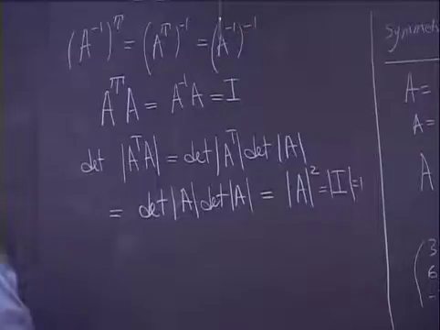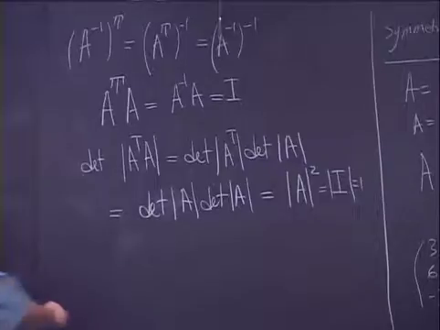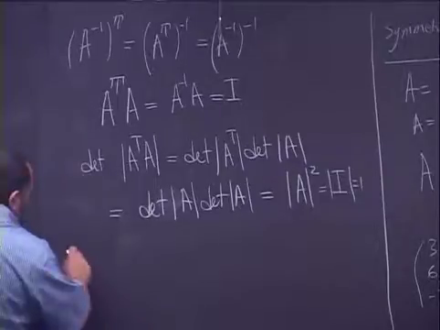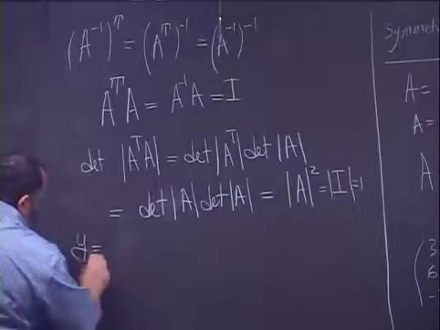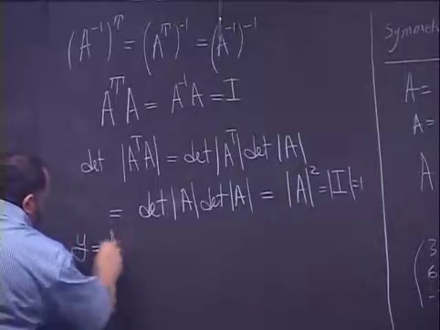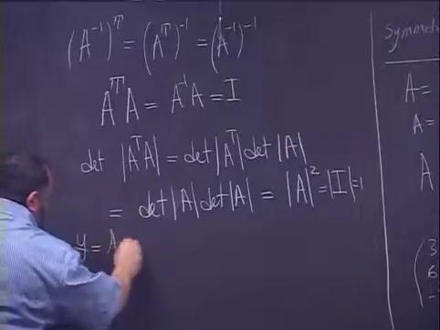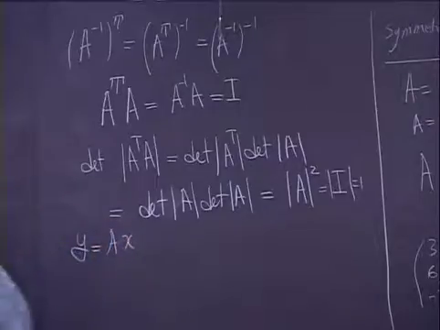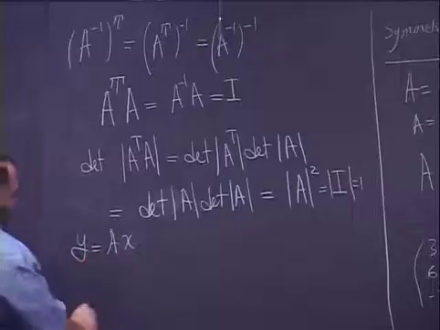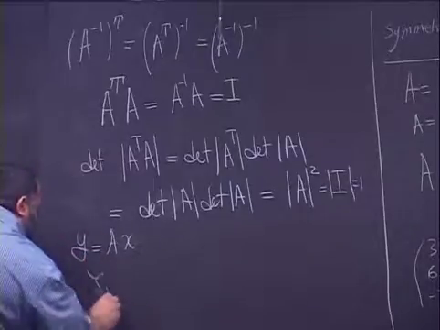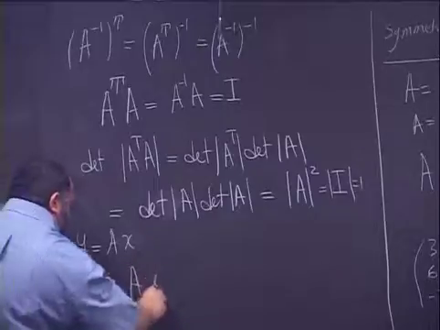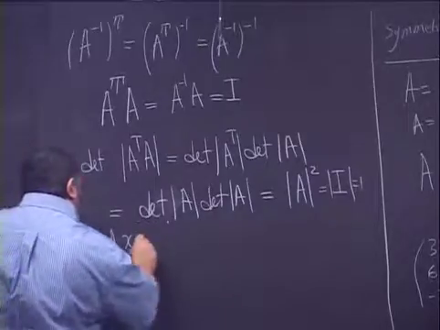Now, there is a good property that we will define for orthogonal matrices. If you have a vector y equal to some operator A multiplied by a vector x, you can represent this in matrix form as y equal to a matrix A multiplied by a vector x.